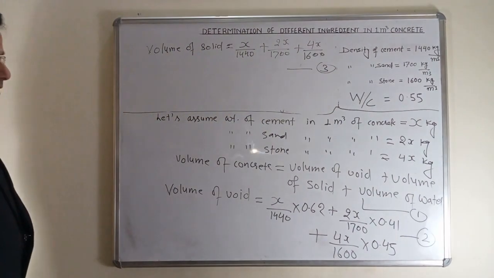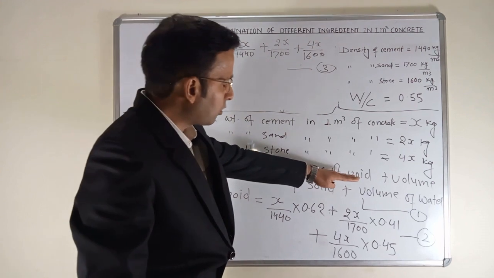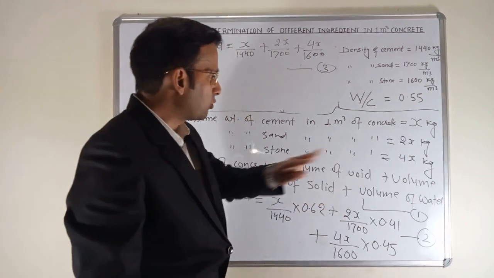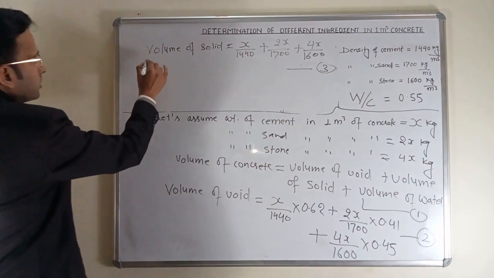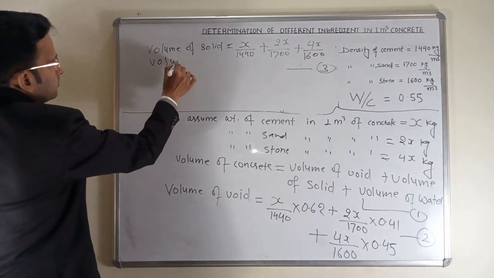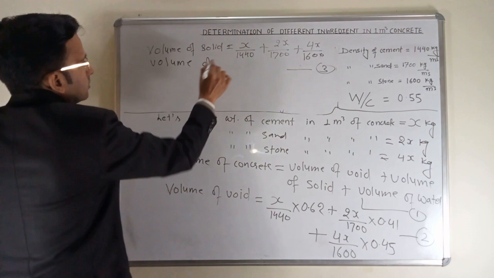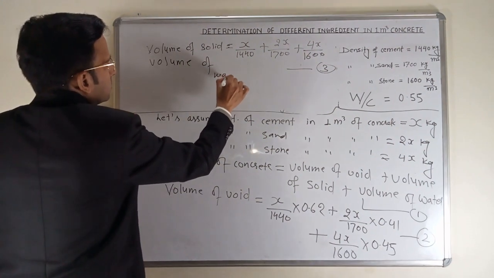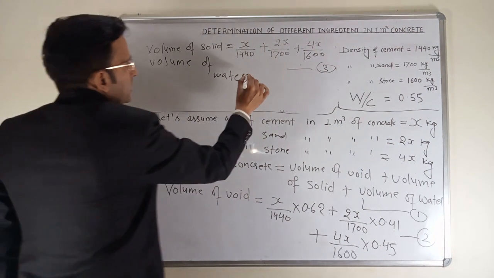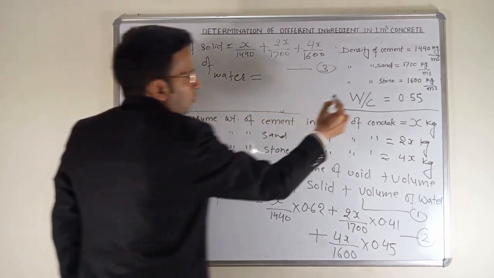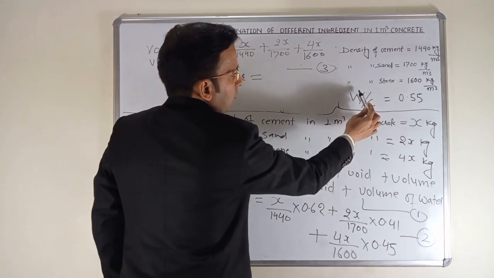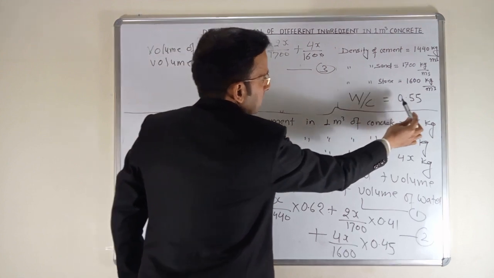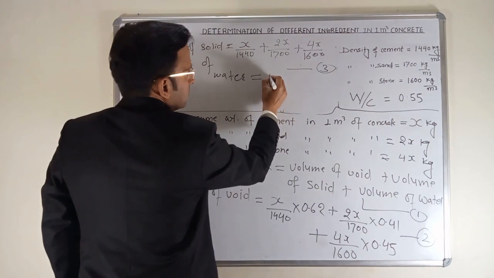Okay, so far we have calculated volume of voids and volume of solids. Now we calculate volume of water. What will be the volume of water? Because water cement ratio is 0.55, the weight of water will be the weight of cement multiplied by 0.55.